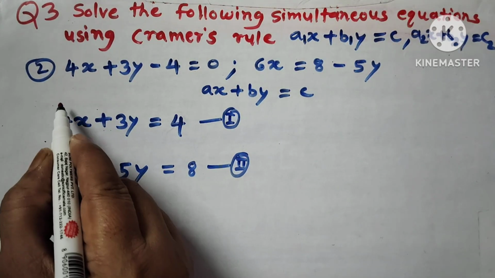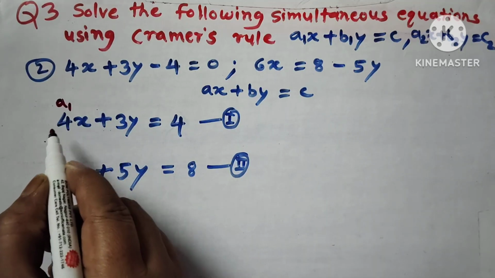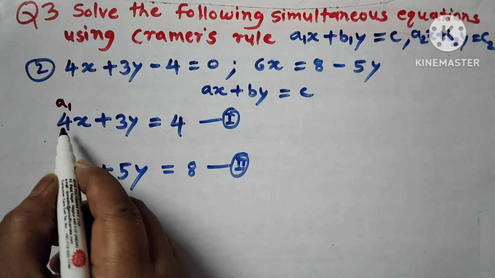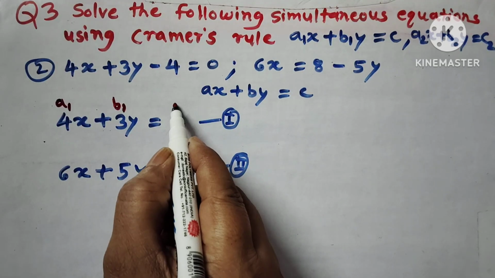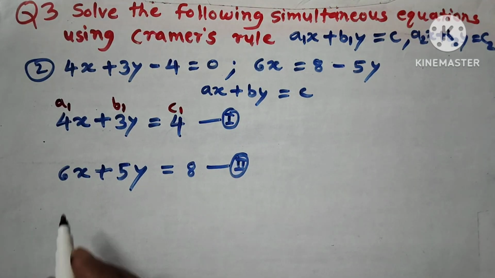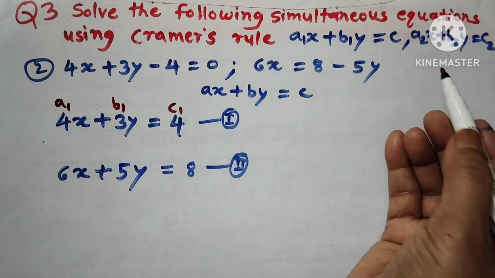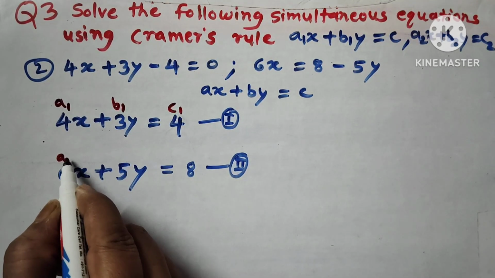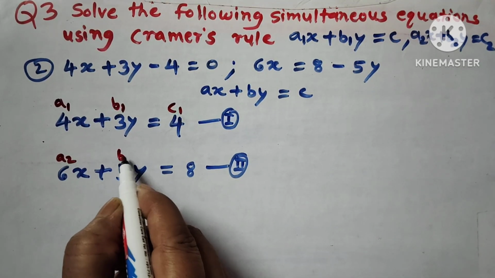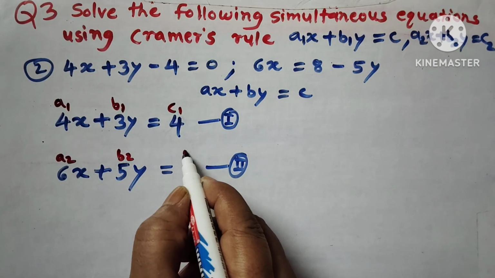In the first equation, a1 is the coefficient of x, here b1 and here c1, right? Next, second equation, a2, b2 and c2.